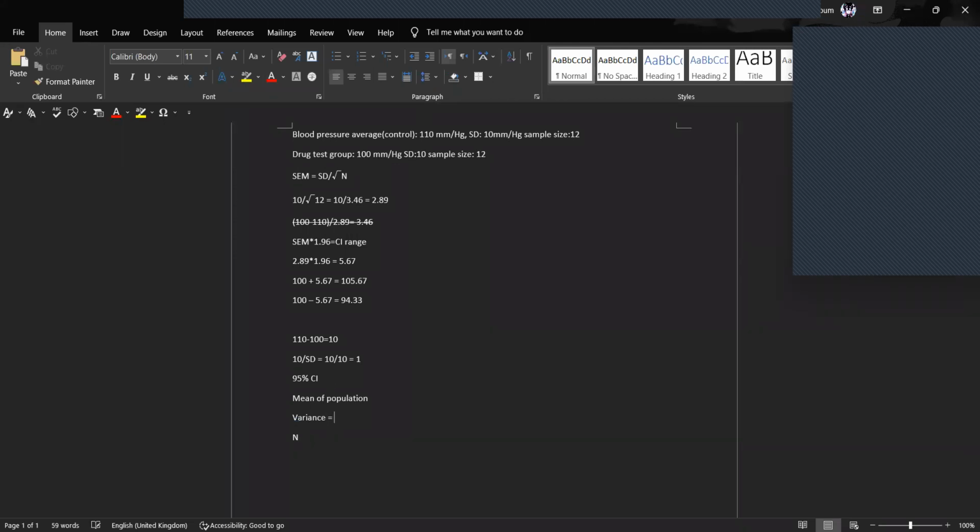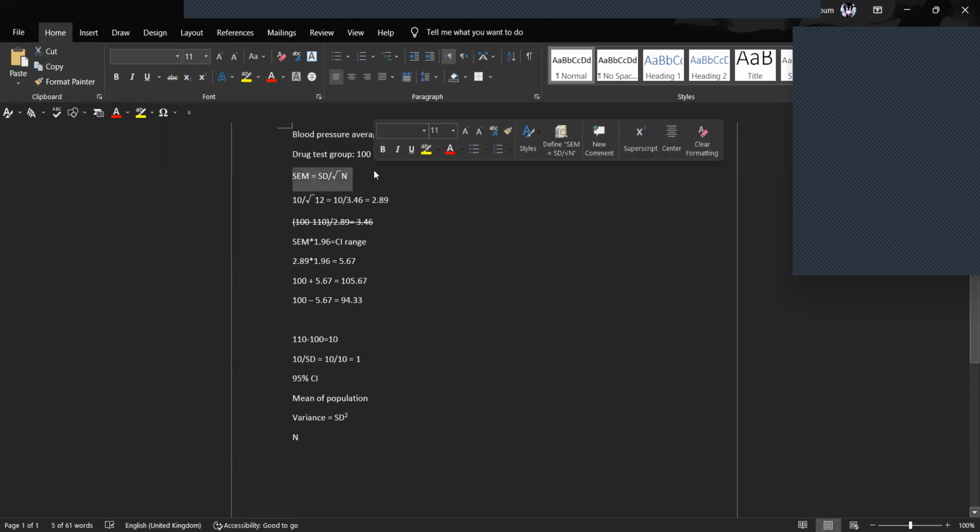Now, one thing to remember is that the variance is the square of the standard deviation. Okay. And so what you can do is take the variance and find its square root to get your standard deviation. And then you want to find the standard error of the mean, which is standard deviation divided by the square root of the sample size.